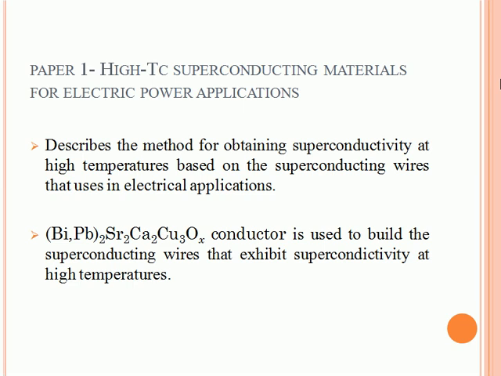This paper shows the properties of that material, which combines some chemical products to exhibit superconductivity. One of the conductors is bismuth, plumbum, strontium, calcium. It's a chemical molecular formula. How do you pronounce that chemical?